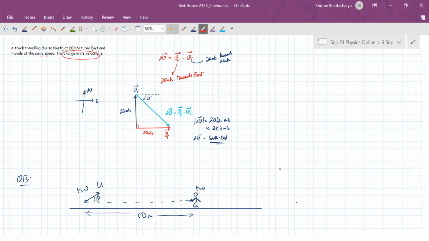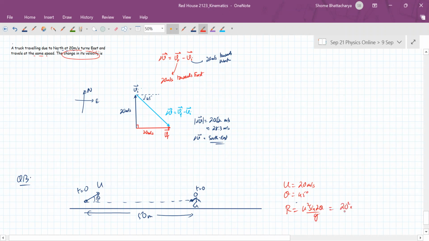So first of all, you have to find the range. Okay, so u is given to you, theta is given to you. So the range from that will come out to be, u is 20 and angle is 45. It's pretty simple. So the range will come out to be 20 square into 1 divided by 10.